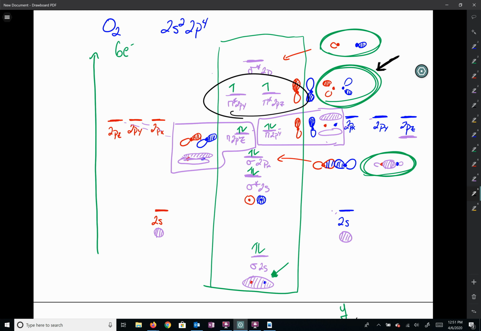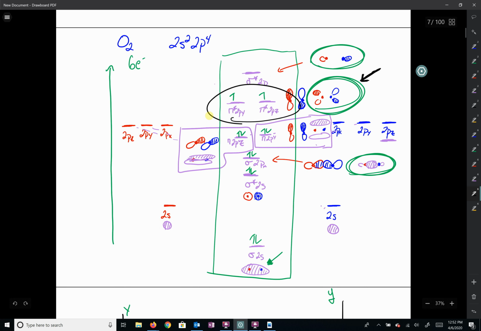I did this in one of my previous videos, where I showed you how these look. They kind of look like p orbitals, and they are orthogonal, so there are two that are 90 degrees from each other. I'm going to take this idea and bring it back down to where we were before.